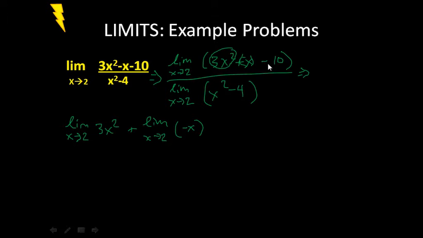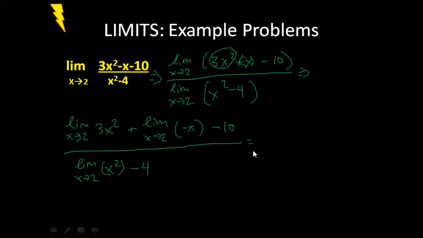And then if you remember, the limit of a constant is just a constant. So then we can just subtract 10 because that is the limit of minus 10. And then do the same for the numerator down here. Limit as x approaches 2 of x squared, and then minus 4 is just minus 4. So I'll put that in parentheses.